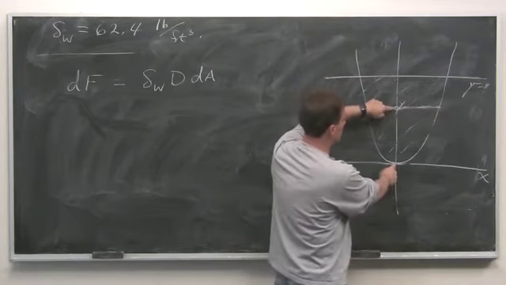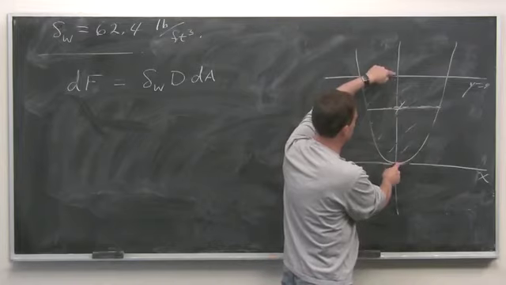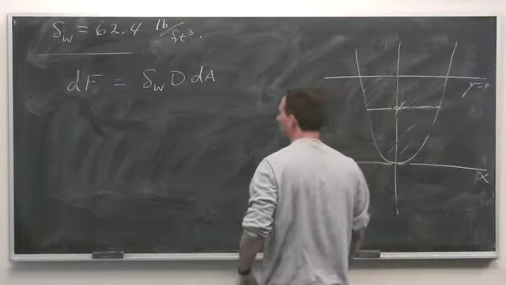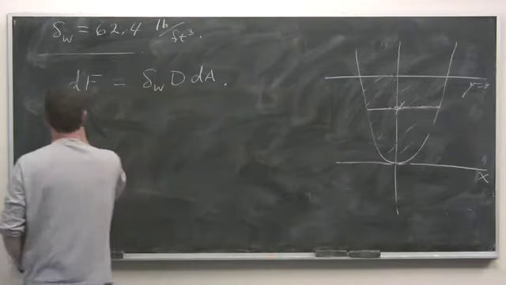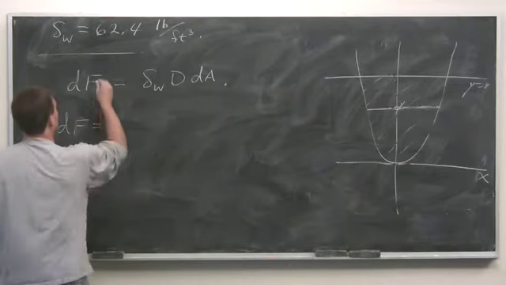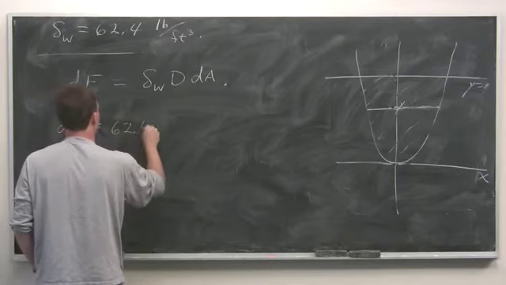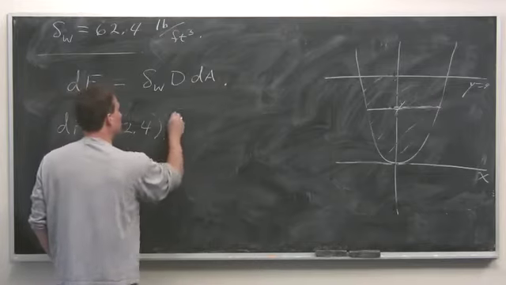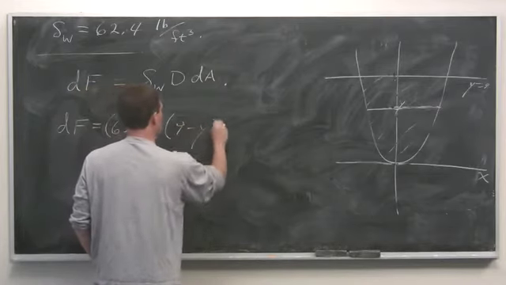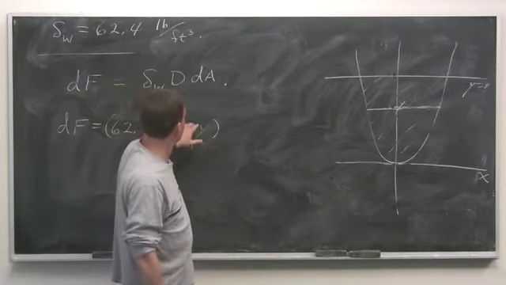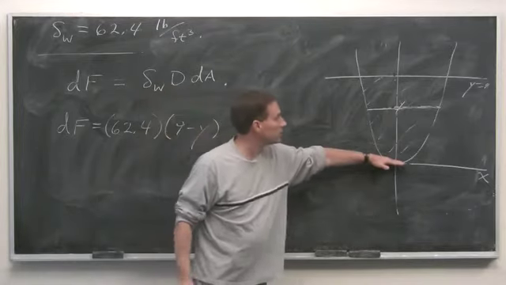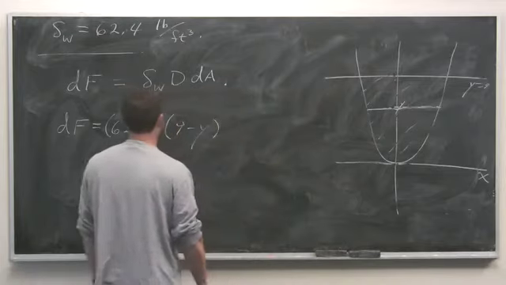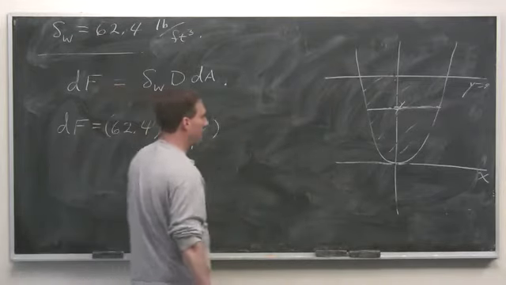This distance is y, this distance is 9, so the depth, in terms of y, is 9 minus y. So what we're getting is that dF is, I'll put in the 62.4, this dF will have force units, pounds. And this is 9 minus whatever the y coordinate is. So for instance, when y is 0, the depth is 9. So that's down here. When y is 9, the depth is 0. Perfect. That's the depth.